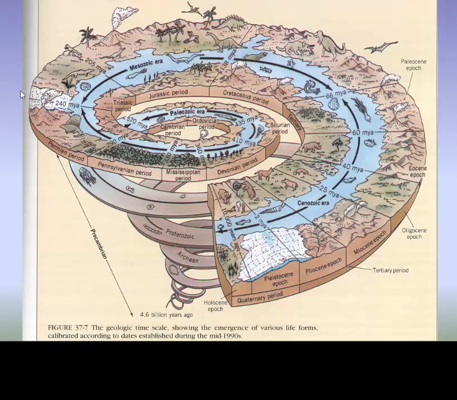And so you can get an idea as to where we are when we talk about dinosaurs. They died 65 million years ago. And you can see where that is compared to 570 million years ago. This isn't a history class.